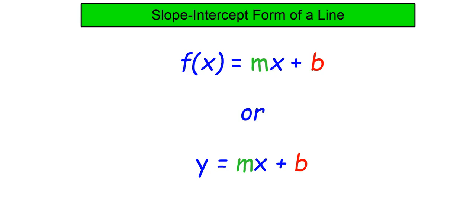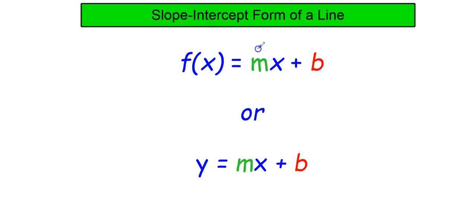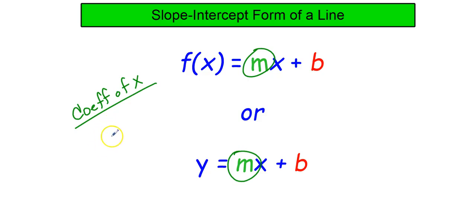And so in general, anytime you look at the coefficient of x, whether it's in function notation or just y equals mx plus b, which is probably the one that's more familiar to you, the coefficient of x is the slope. That tells us the slope of the line.